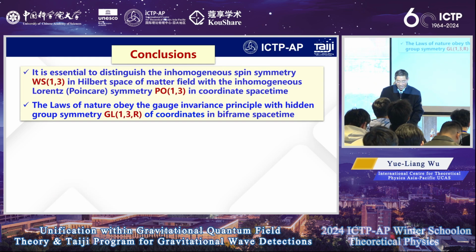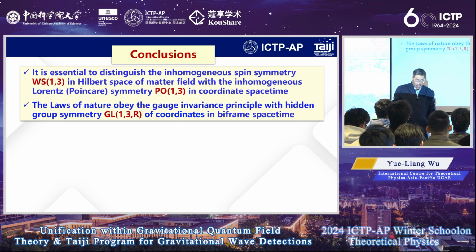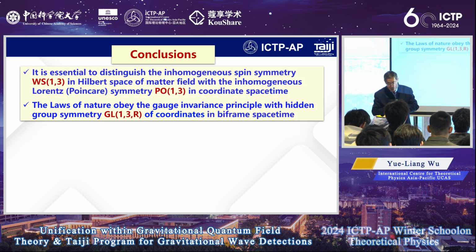But anyway, I have another lecture. So, the conclusion for this gravitational quantum theory. Because I have two lectures, I speak slowly to clarify quantum field theory and gravitational quantum field theory.